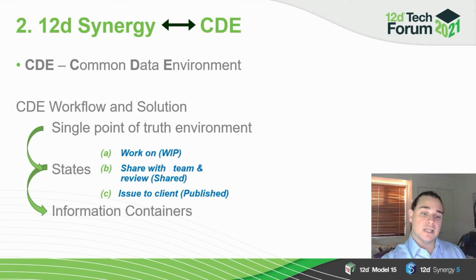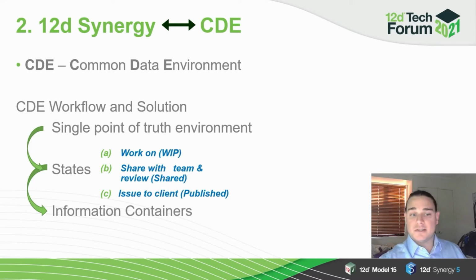And finally, how we issue that information to our client. And those concepts put into ISO 19650 terms is our work in progress, our shared, and our published. As we'll find out later in the presentation, there is a fourth state, and that state is archive, but we'll cover the idea of archived when we get to that point in time.